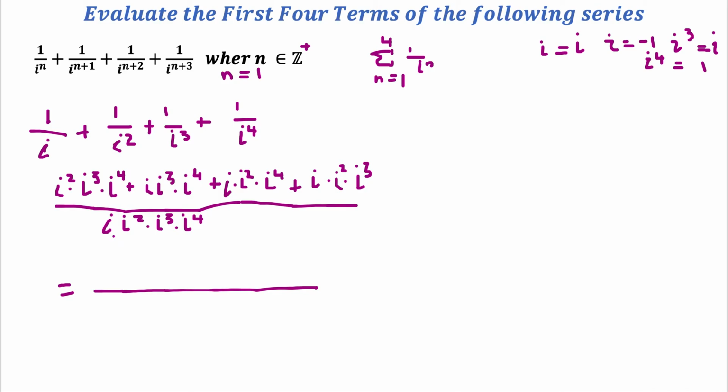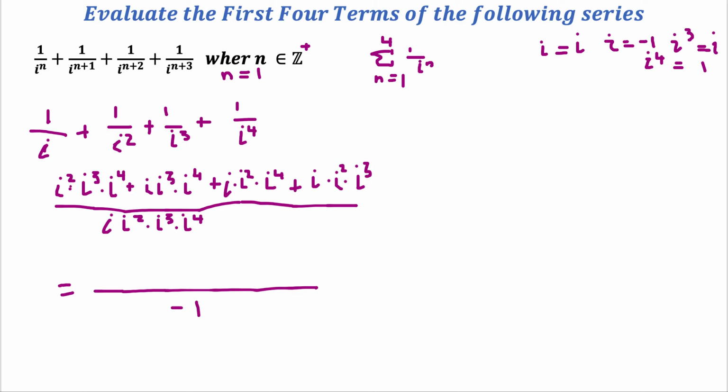So first of all, i squared is minus 1, i to the exponent 3 is minus i, times i is minus i squared, which is minus i squared is minus 1, and i to the 4 is 1, which gives here minus 1.